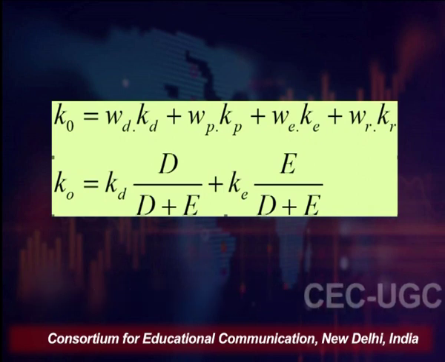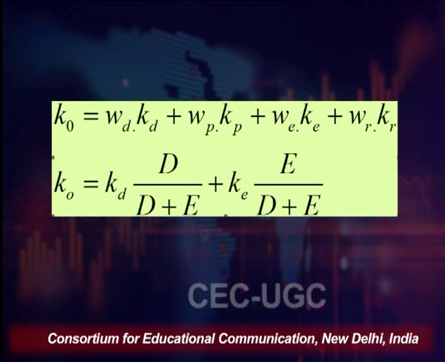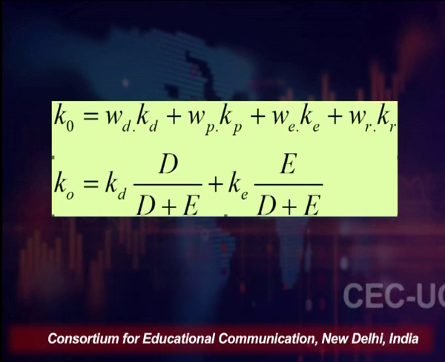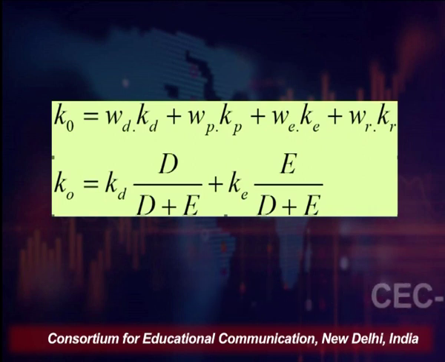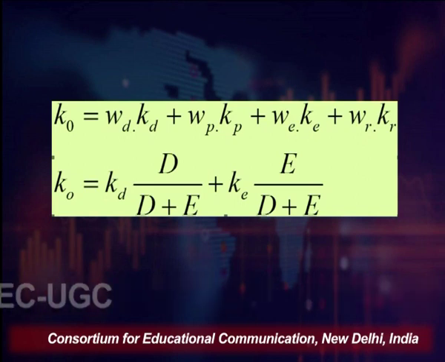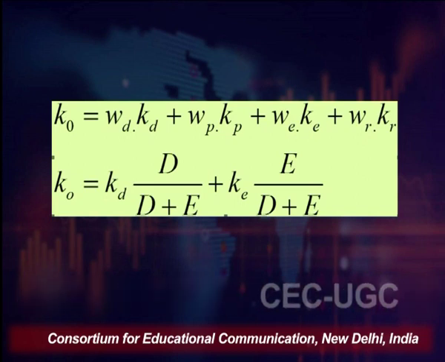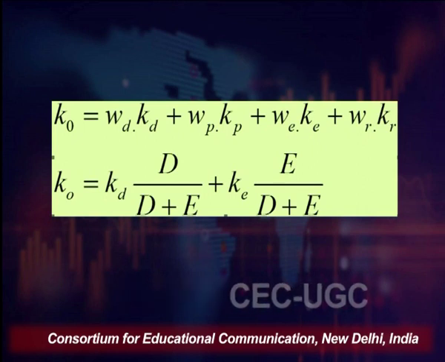In case the company has raised funds from these two sources only, our overall cost of capital, KO, will be represented this way, in the equation on the lower side of the screen: KO is equal to KD, that is cost of debt, multiplied by D upon D plus E, that is the ratio in which debt is there in the capital structure, plus cost of equity multiplied by the percentage in which equity is there in the capital structure, E divided by D plus E. D plus E represents the whole capital structure.